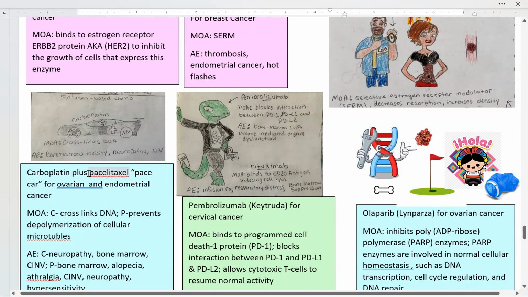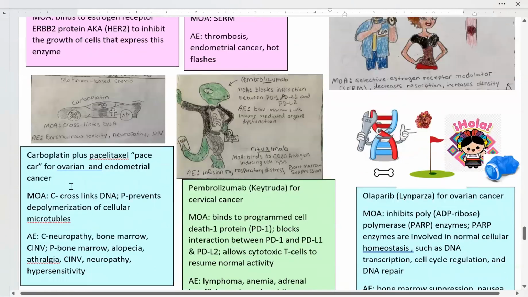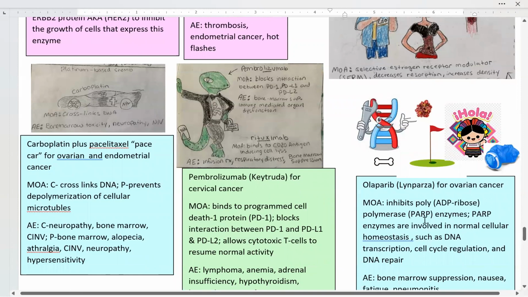And to add the paclitaxel, just think it's a pace car. So like, you know, when they're racing, there's usually one car that sets the pace for everyone else. So this is for ovarian cancer and endometrial cancer. But just stick, that's why I have it blue. It was mainly for ovarian.